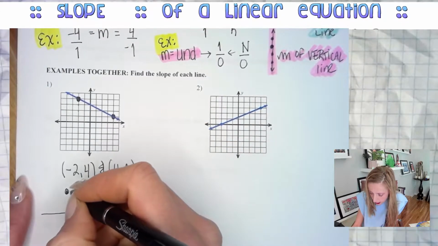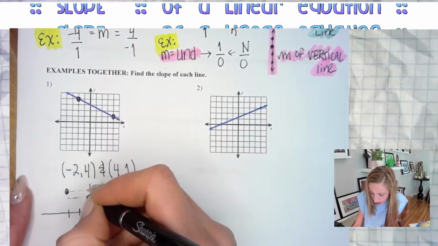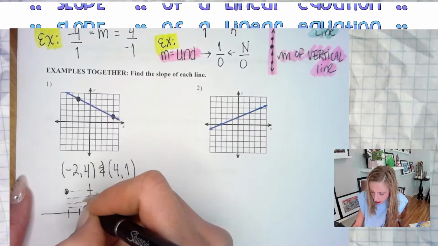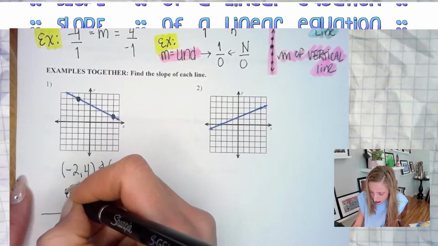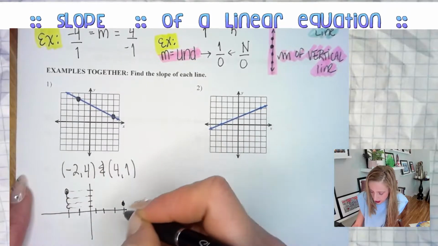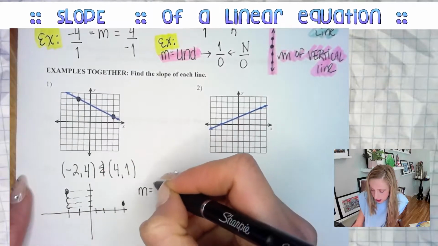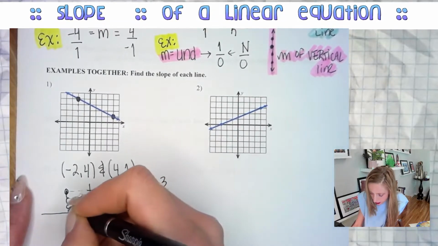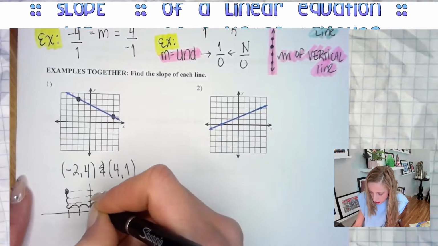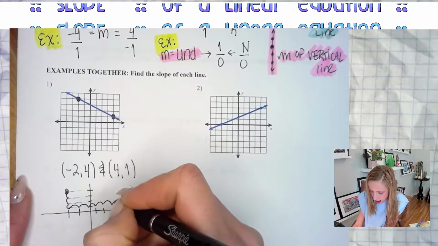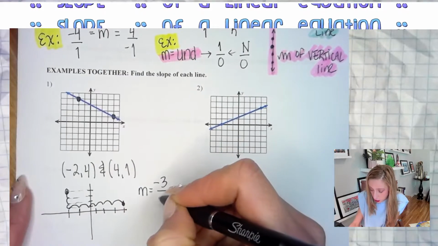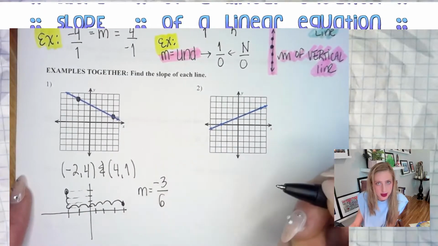Right now I'm up here at 4. If you don't have graph paper, you have to make your own or show it in some way. So I'm going to go down 1, 2, 3. So far my slope, I went down 3, and then I'm going to go 1, 2, 3, 4, 5, 6 to the right, that's positive 6.